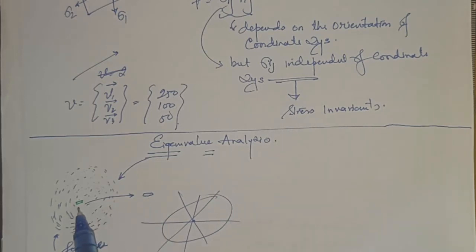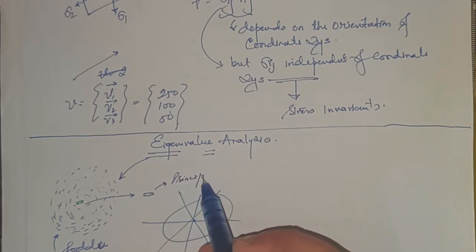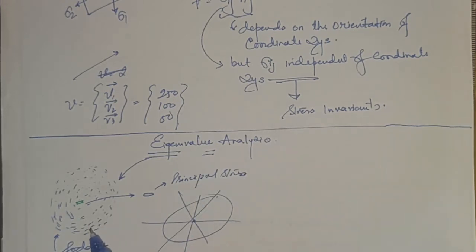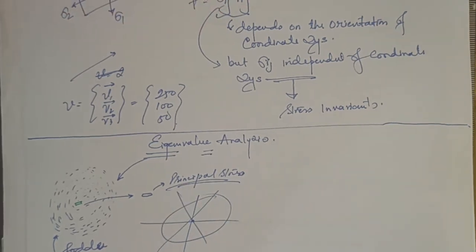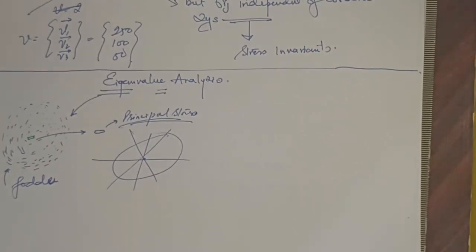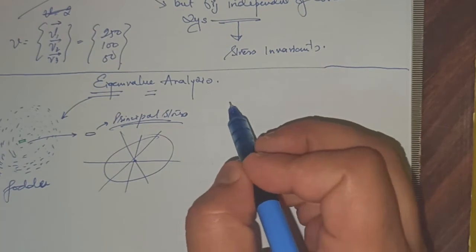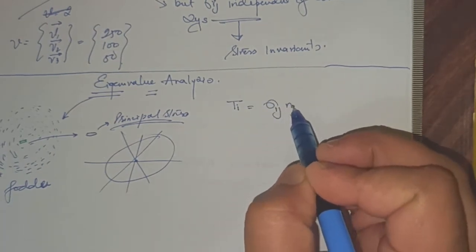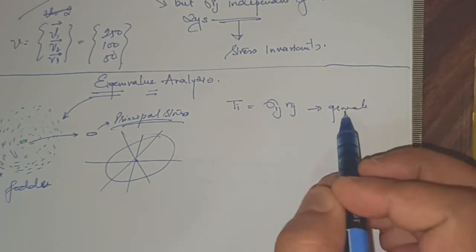This needle is like a principal stress. So when eigenvalue analysis operates on any stress tensor, it will give you the principal stresses. Let's see how this eigenvalue analysis is done. Let's say you have a general state of stress vector Ti equals sigma ij nj. This is a general stress state.